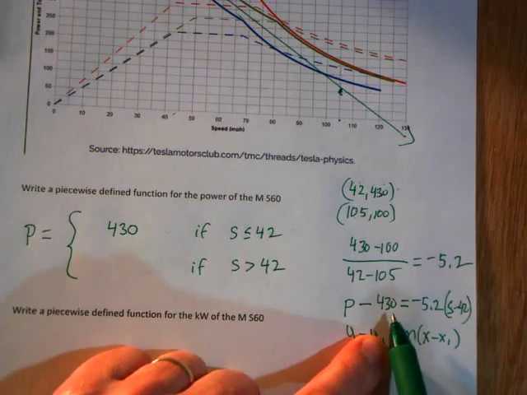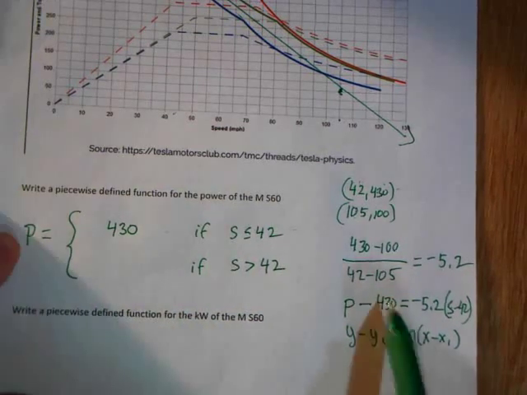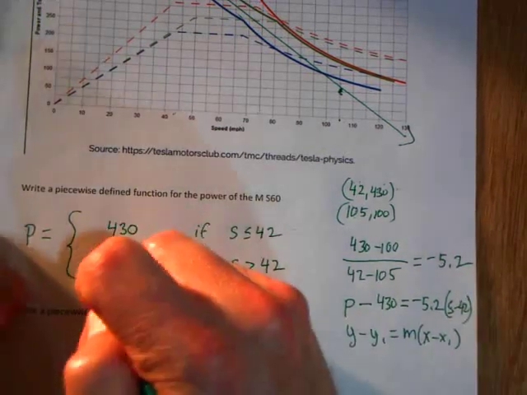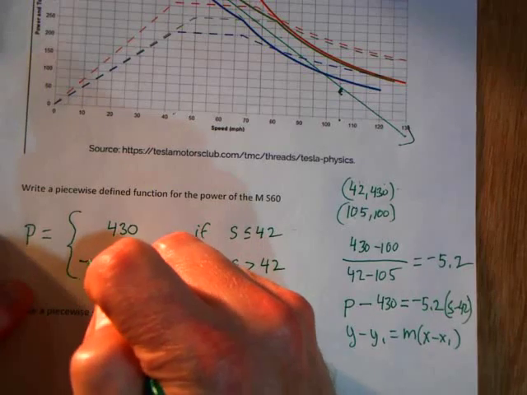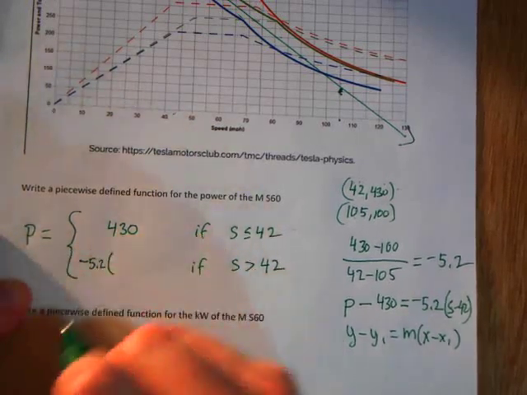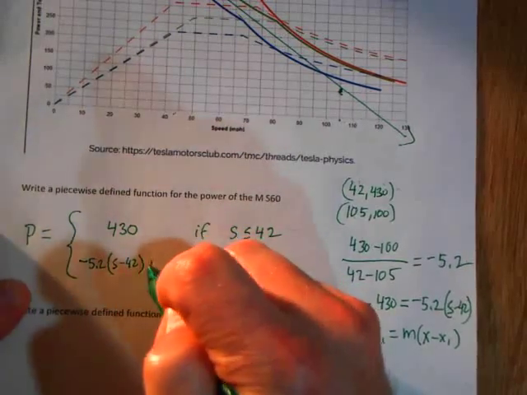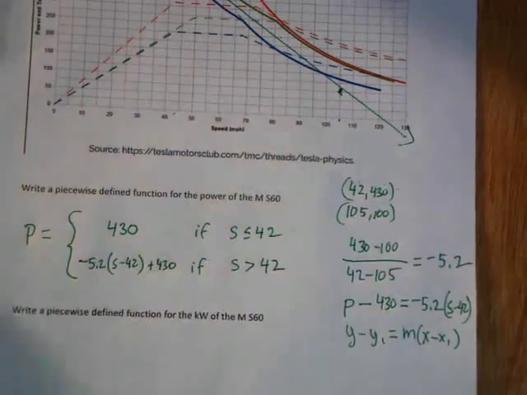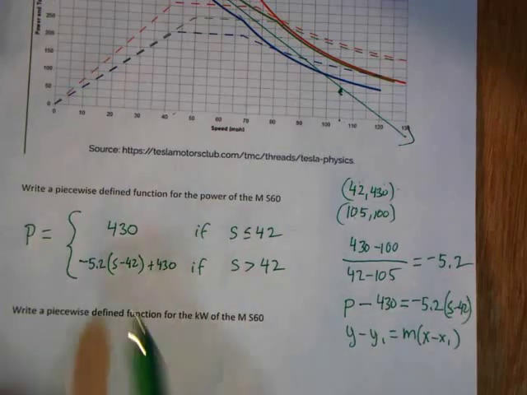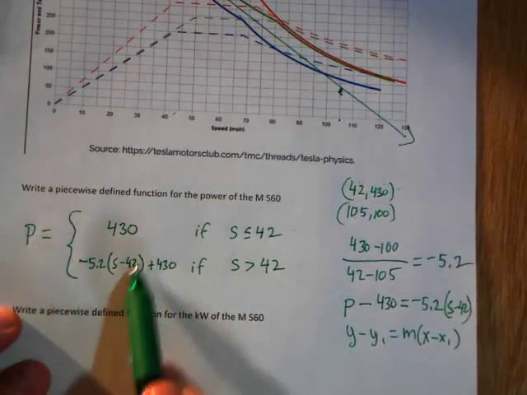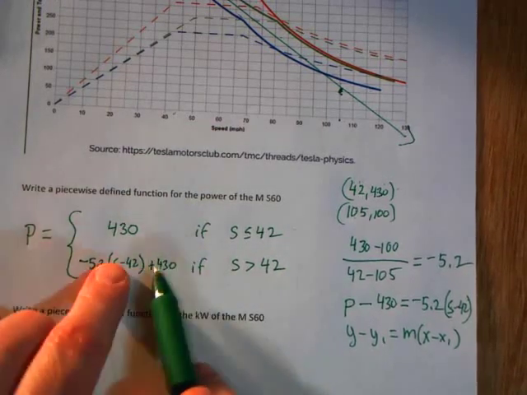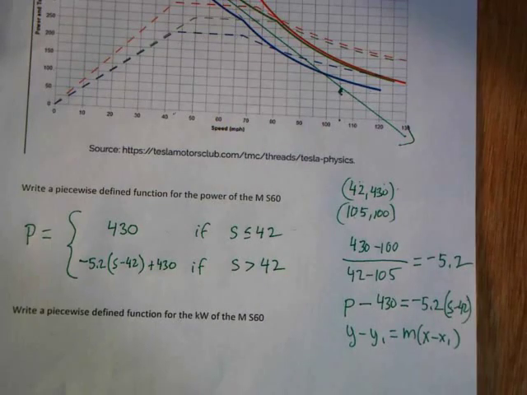So here's what I would write over here. I want the P thing, so I would simply add the 430. So the formula over here is minus 5.2 times S minus 42 plus 430. And if you want it to be fancy, you could go ahead and distribute this minus 5.2 through and then combine like terms. I don't care to be that fancy. I'm fine with it written just like that.